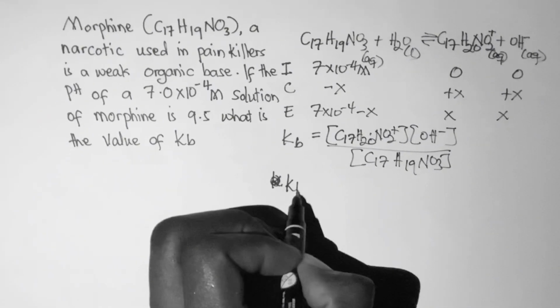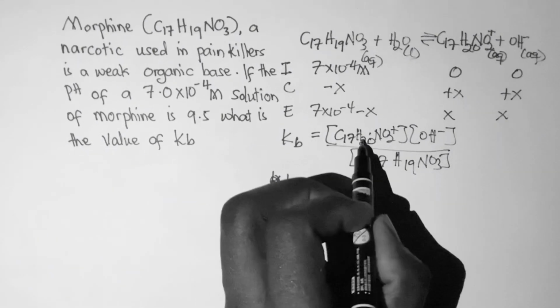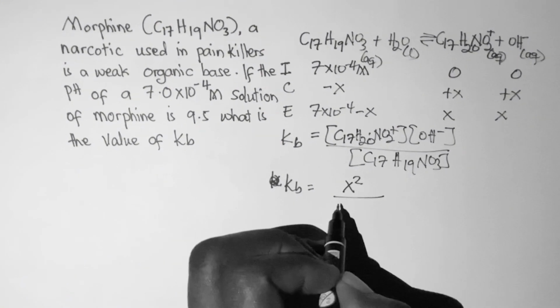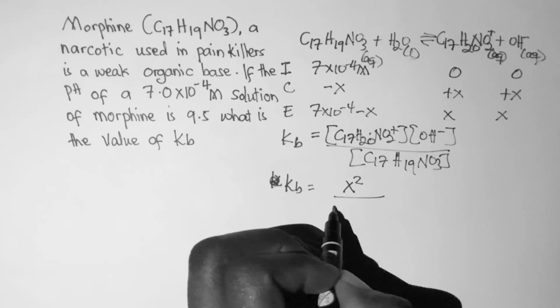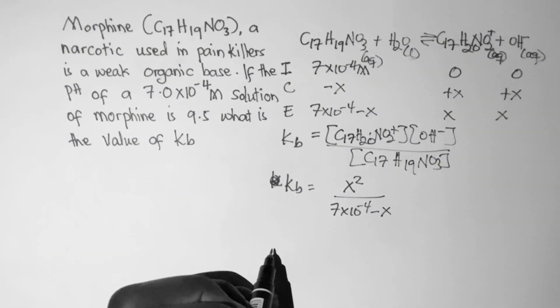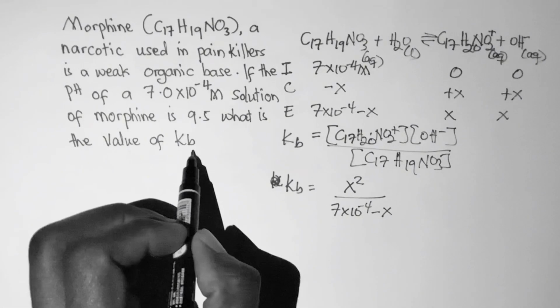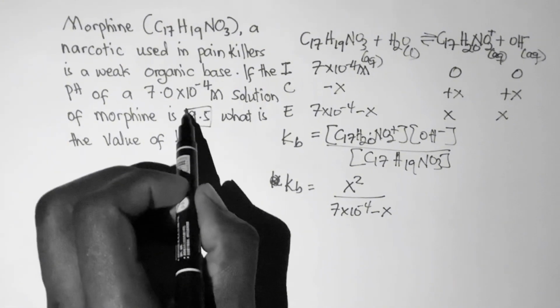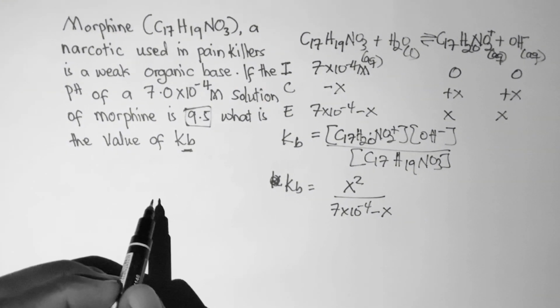So Kb is equal to x times x, which is x squared, divided by 7 times 10 exponent minus 4 minus x. But then Kb is what you are looking for. But we're given the pH of the solution. pH is 9.5.